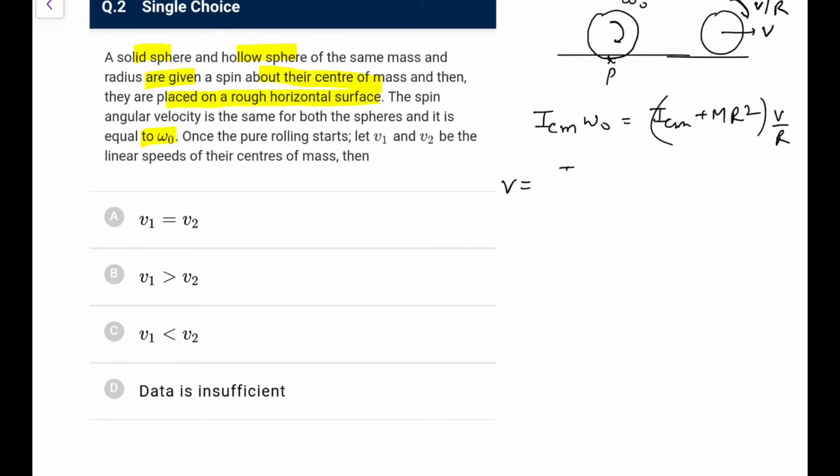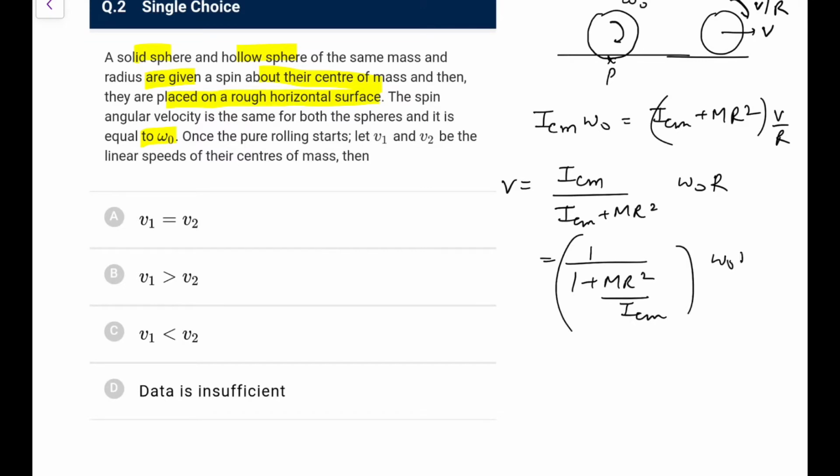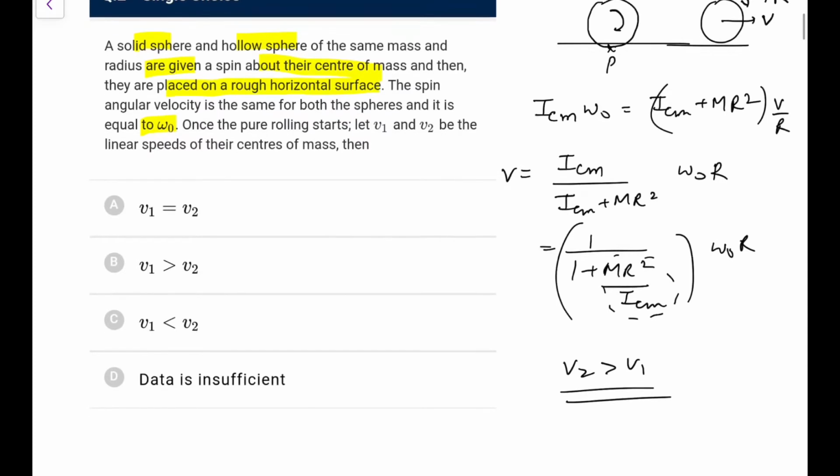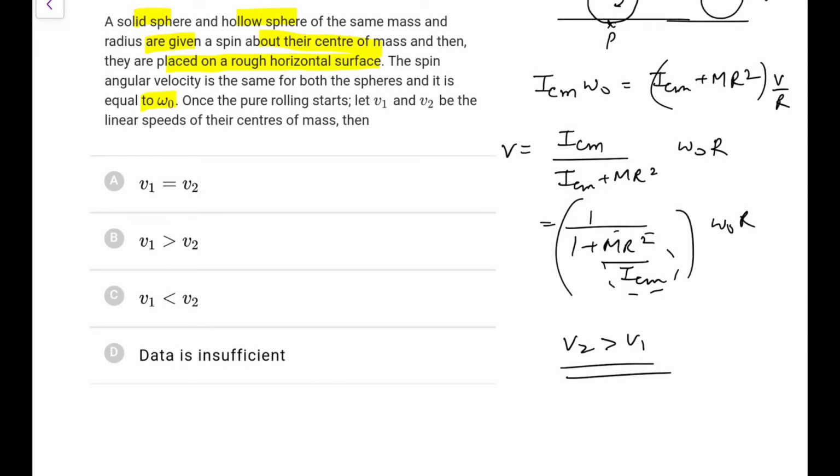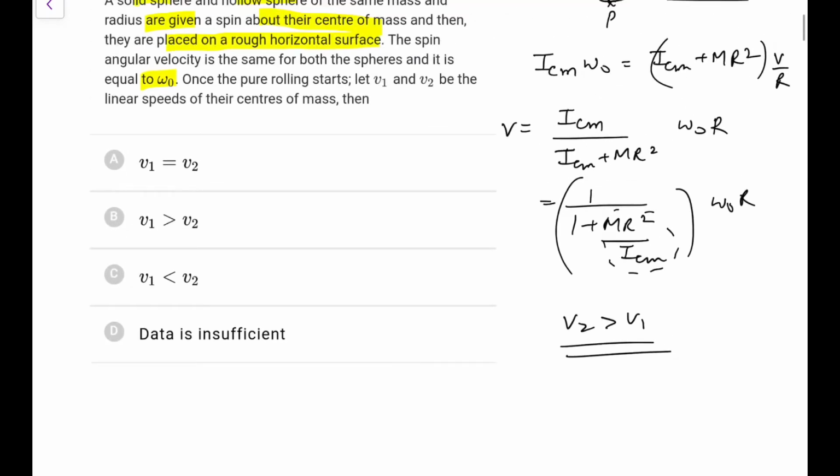So V will be equal to ICM upon ICM plus m r square into omega naught r, or 1 upon 1 plus m r square upon ICM into omega naught r. You clearly know the ICM of the hollow sphere is greater, so for hollow this term is smaller, so the denominator is smaller, and V is greater. So definitely the hollow sphere will have more velocity, V2 will be greater than V1. You can directly go for this particular concept.